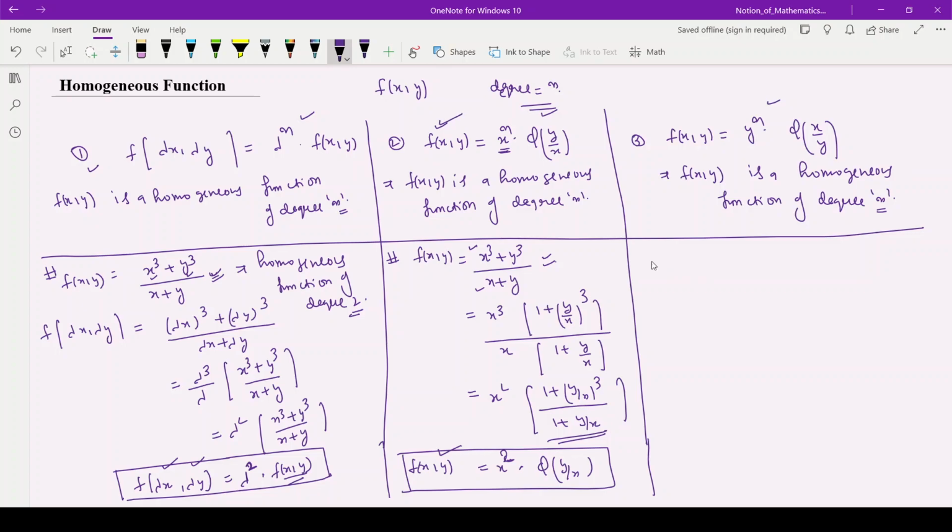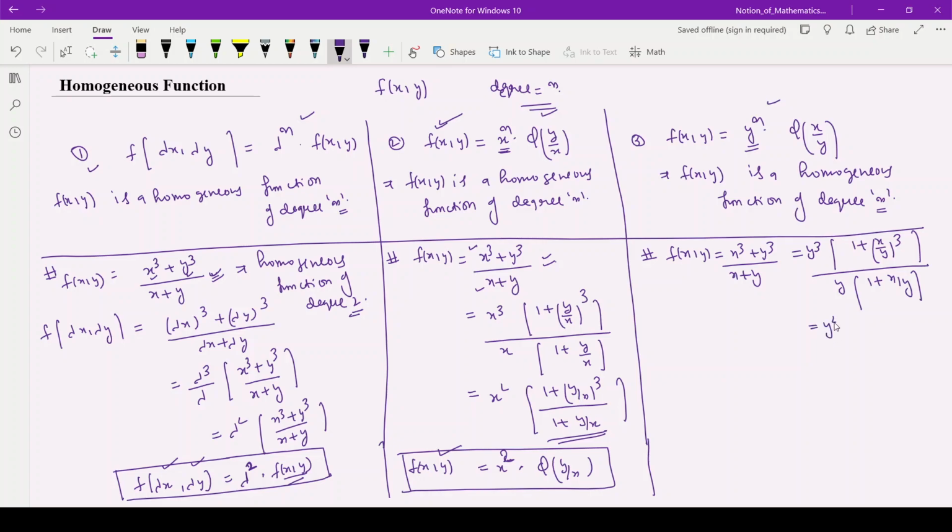Students, in a similar way, if I apply the third method, and the function is the same, f(x,y) is (x cube plus y cube) upon (x plus y). What I can do here is take the maximum possible power of y common from numerator and denominator. So y cube is common, that is 1 plus (x upon y) whole cube, and here y is common, that is 1 plus x upon y.